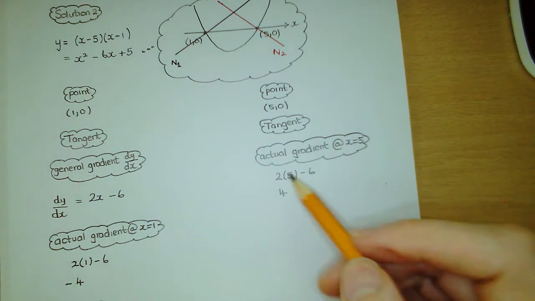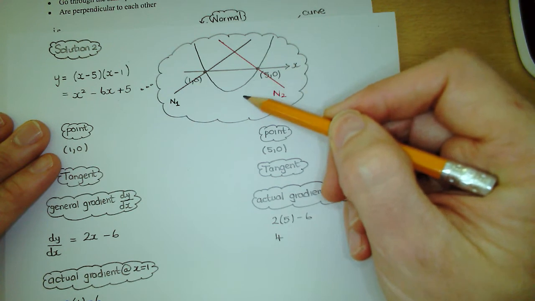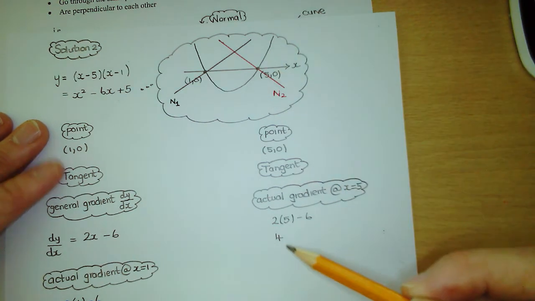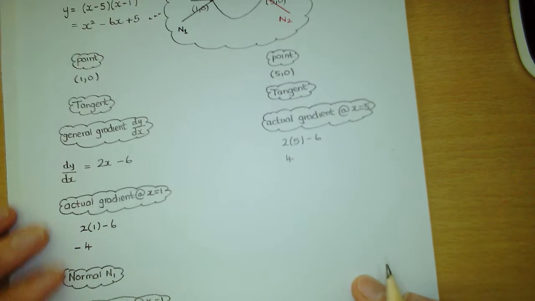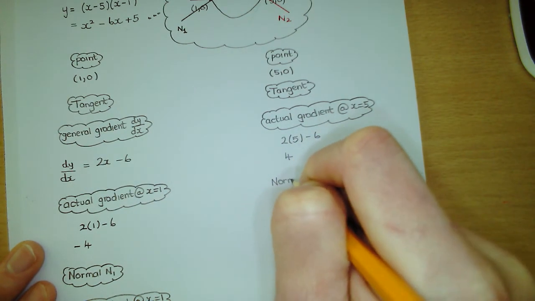Now, that's the actual gradient of the tangent at 5, 0. So the tangent at 5, 0 would look like that, a line sloping up, so it would have a positive gradient, so it makes sense. So now we're going to turn our attention to the normal, n2.